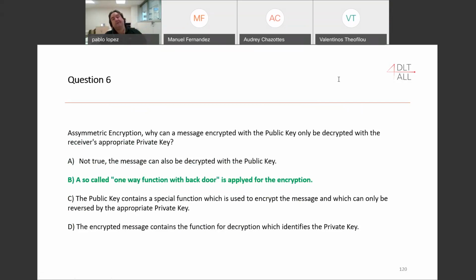In asymmetric encryption, a message encrypted with the public key can only be decrypted with the receiver's appropriate private key because of this function that is applied during the encryption process. Maybe it's a little bit confusing, but this is the answer.